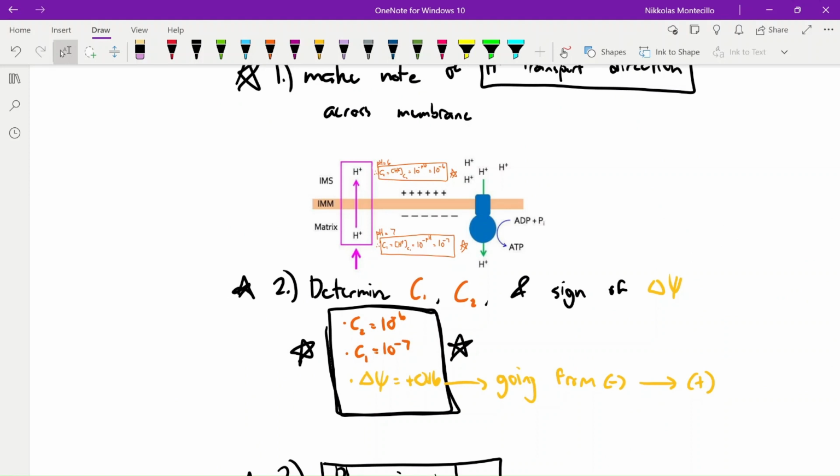So we need to determine C1, C2, and the sign of the change in voltage. Here C2 has an ion concentration of 10 to the negative 6, and C1 has an ion concentration of 10 to the negative 7.